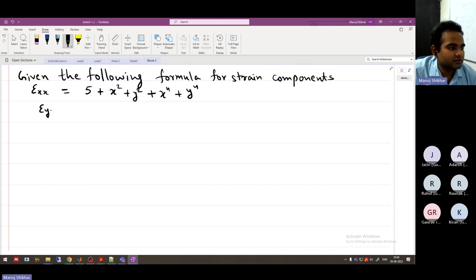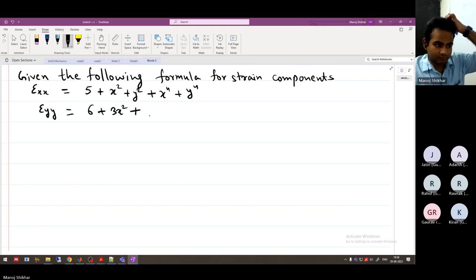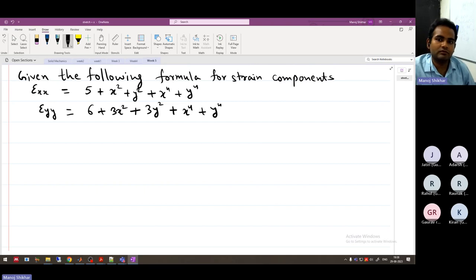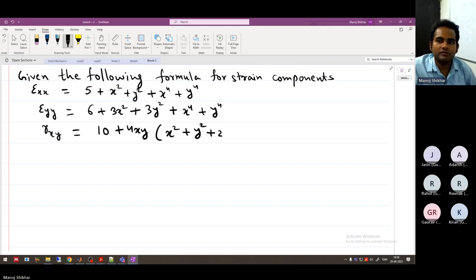Epsilon yy is 6 plus 3x square plus 3y square plus x to the power 4 plus y to the power 4. Gamma xy equal to 10 plus 4xy into x square plus y square plus.